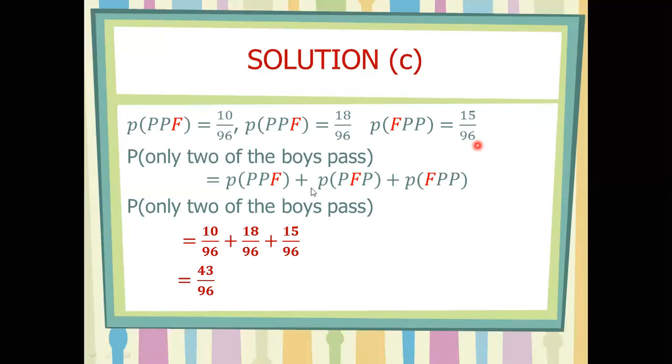Because probability that only two of the boys pass means PPF or PFP or FPP. So any of these means that only two of the boys pass. So the addition sign will be used in place of the or, and then we have all three added together. That gives me 43 over 96. That is my final result. 43 and 96 cannot be simplified further than this.